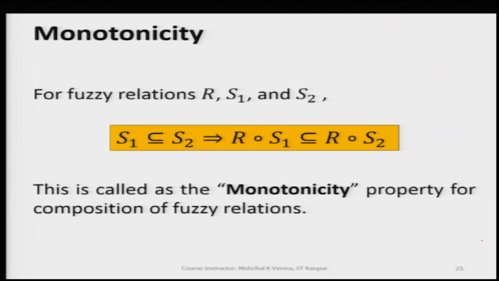It is very simple in the sense that if we have S1 and S2 two fuzzy relations and S1 is a subset of S2, then the composition of R and S1 is going to be a subset of the composition of R and S2, and this is called the monotonicity property.